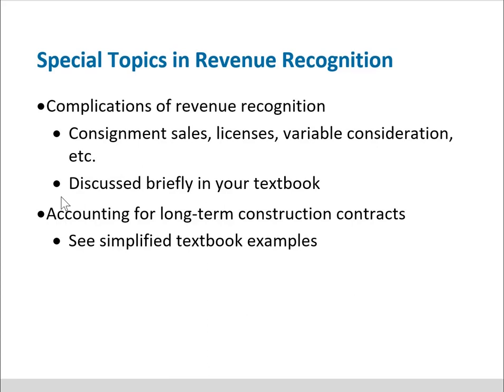In addition, your textbook gives some examples. They're fairly simple examples, but they give you an understanding of how the accounting works for long-term construction contracts. Even though those discussions are brief, they should be sufficient to give you an understanding of these basic areas.